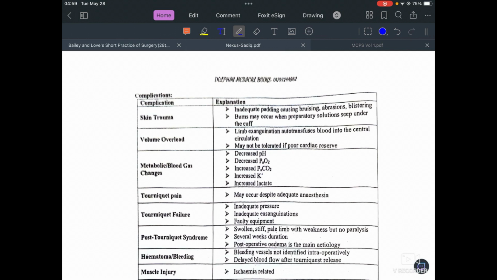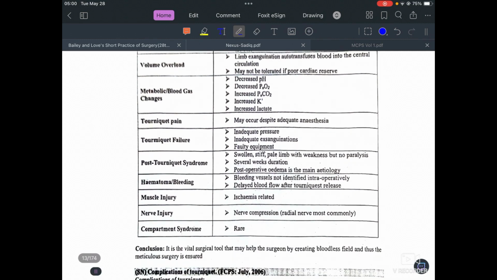Metabolic and blood gas changes: decreased pH, decreased partial pressure of oxygen, increased partial pressure of carbon dioxide, increased potassium, and increased lactate. Tourniquet pain may occur despite adequate anesthesia. Tourniquet failure: inadequate pressure, inadequate exsanguination, faulty equipment.